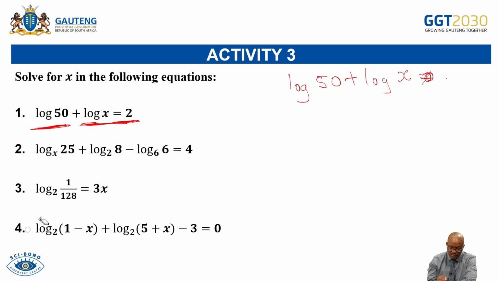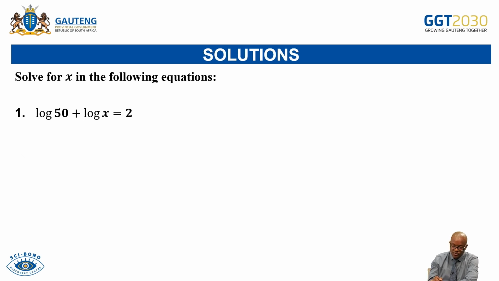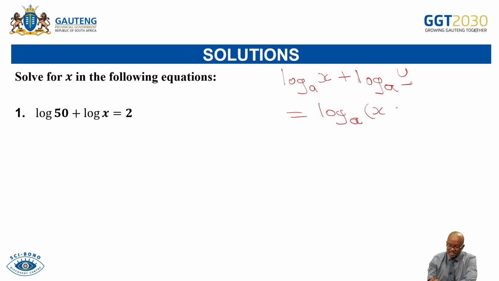In that case, we use what we know: if the log base a of x plus the log base a of y, we can combine them and say the log of x multiplied by y, because the log and the bases are the same. Then we can multiply the numbers. So this is the method that we are going to apply.